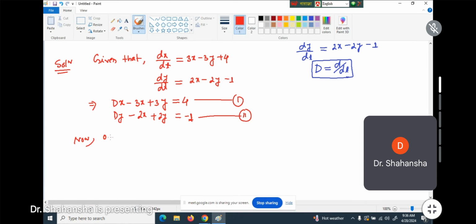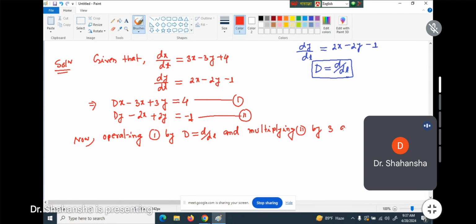Now, if we convert all the operators with respect to x, operating on the first equation by D, which is actually d by dt, and multiplying the second by 3, am I right, friends?